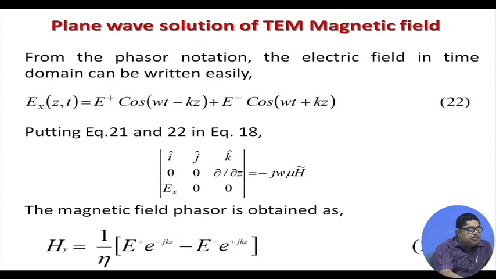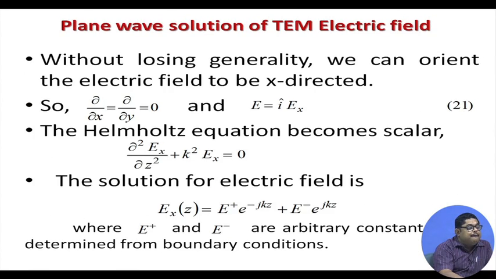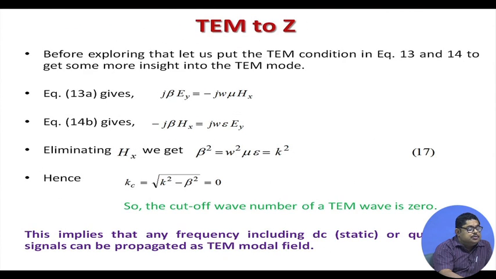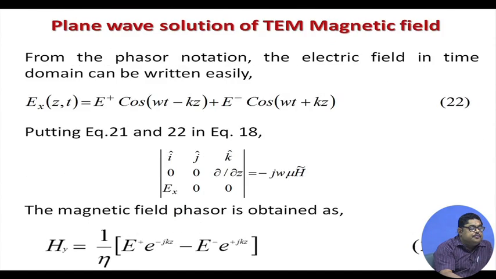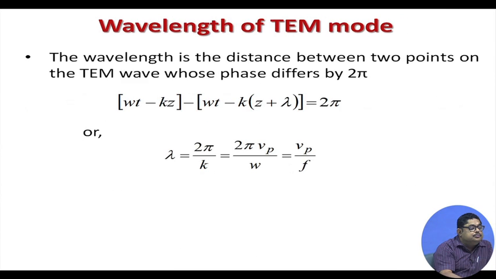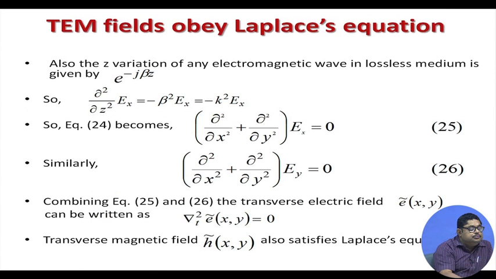Beta is equal to k. You see that beta square is equal to k square, we have proved from basic Maxwell's equations, it is always true for TEM wave. So, minus beta square plus k square, that is why that is going. So, we are getting equations 25 and 26.